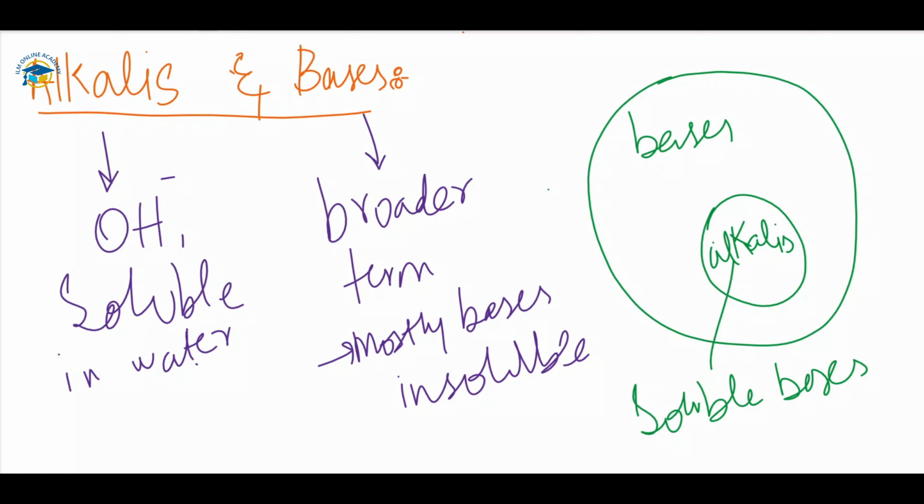So this is just a minor difference between the base and the alkalis. Bases is a broader term, alkalis is a smaller group in the bases, and the soluble bases are known as the alkalis. But the bases contain all the soluble and the insoluble ones.